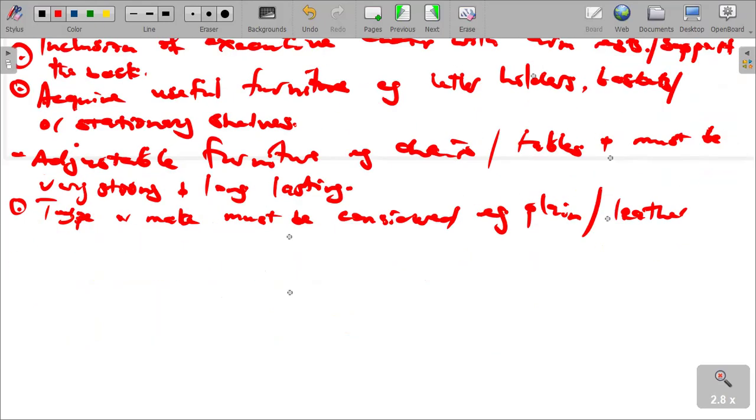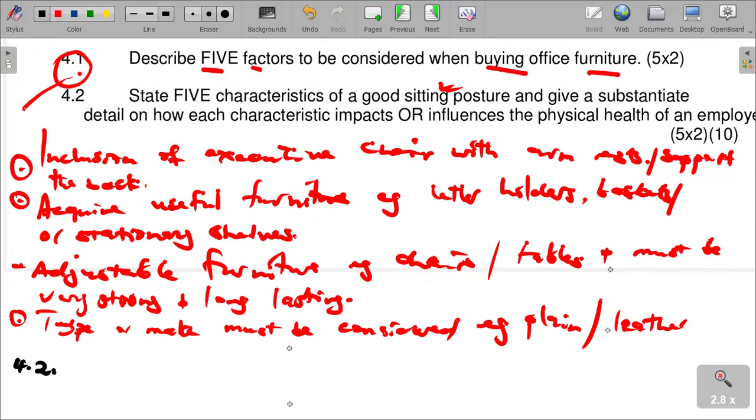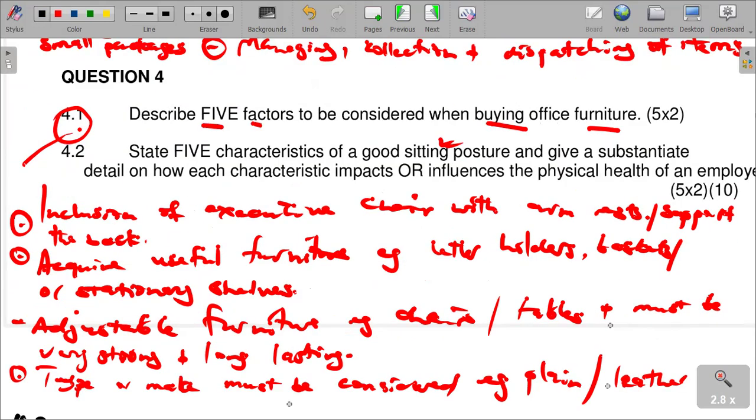So number 4.2. What we are saying is we want 5 characteristics of a good sitting posture, and also how each characteristic influences the physical health of an employee.